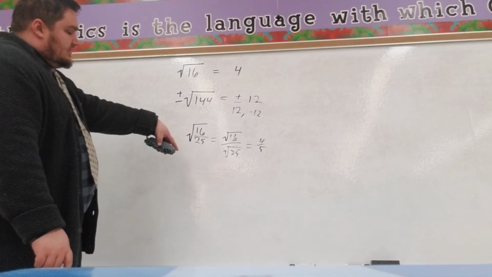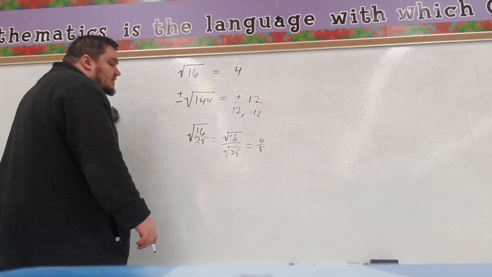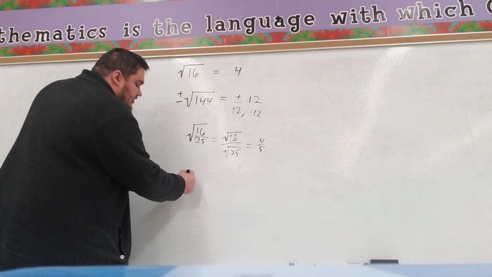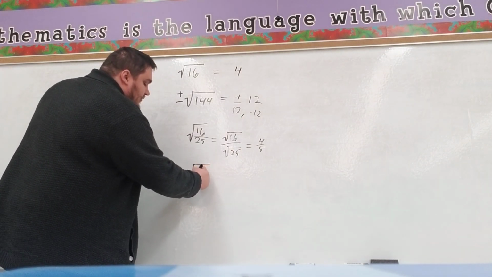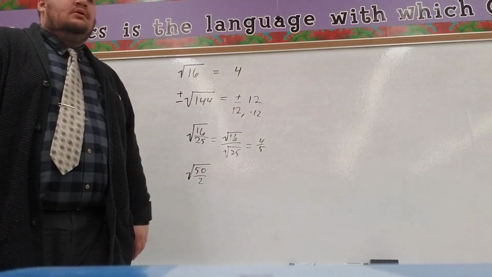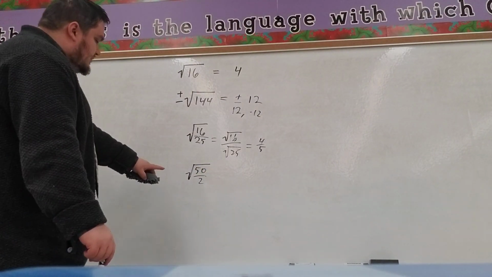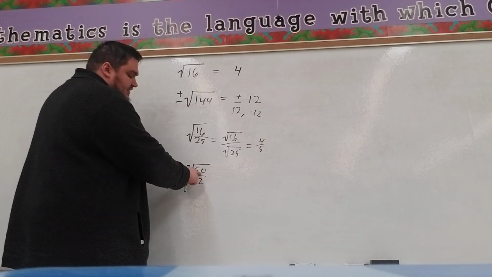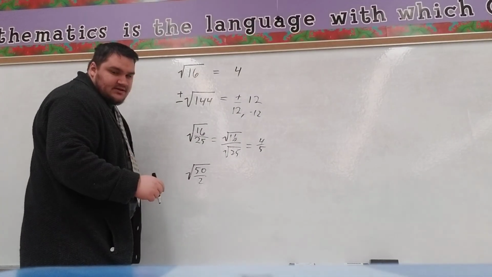One last trick with these is sometimes you might have something like the square root of 50 over 2. Unfortunately, the square root of 50 isn't anything nice, and the square root of 2 isn't anything nice.